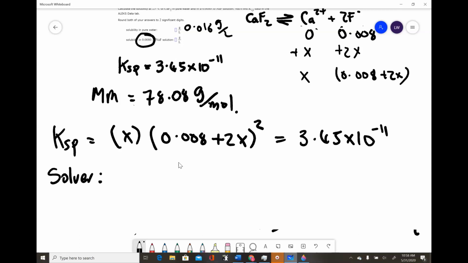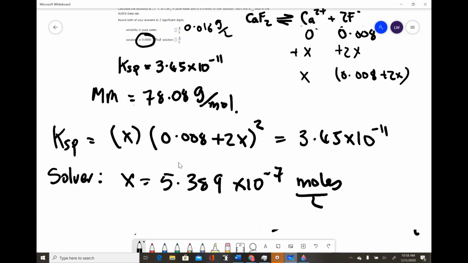And then for my guess for x, I'm just going to put in a small number. And I got that x was equal to 5.389 by 10 to the minus 7 moles per liter.